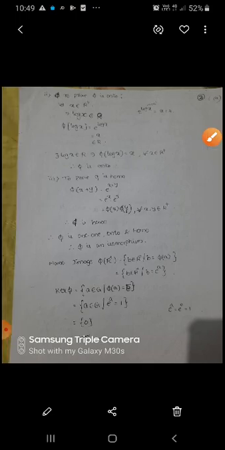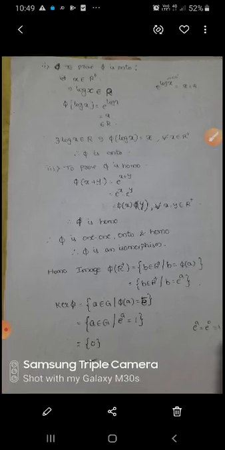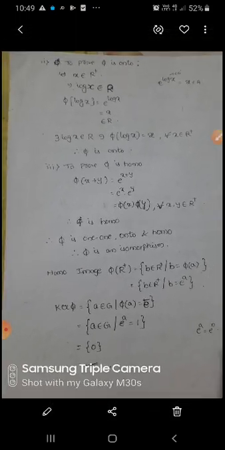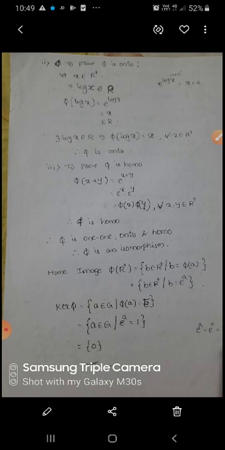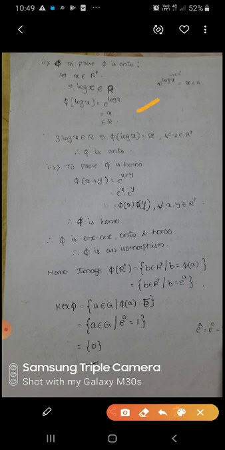Now to prove phi is onto, let x belongs to R plus, that implies log x belongs to R. So phi of log x equal to e power log x, that equals x. Therefore there exists log x belongs to R such that phi of log x equal to x for all x belongs to R plus. Therefore phi is onto.